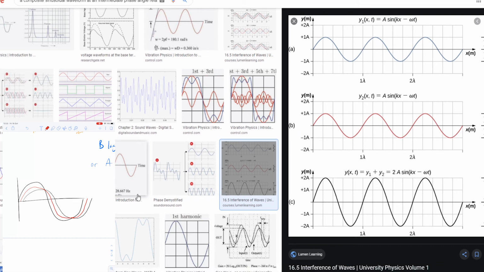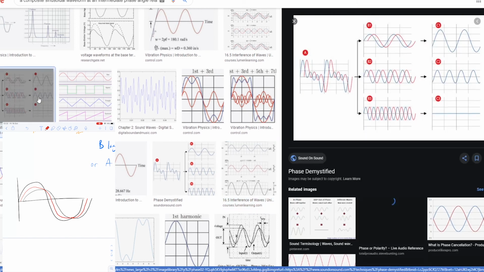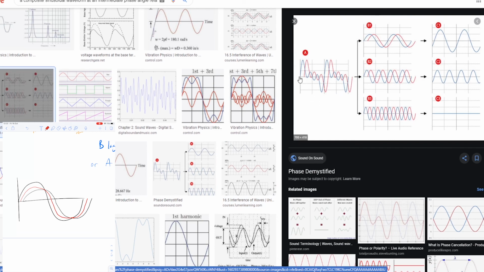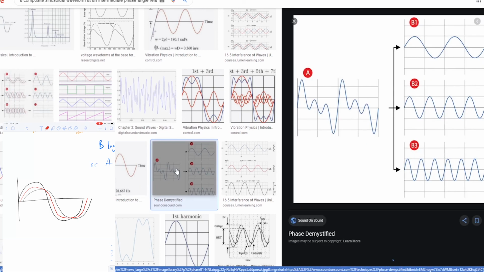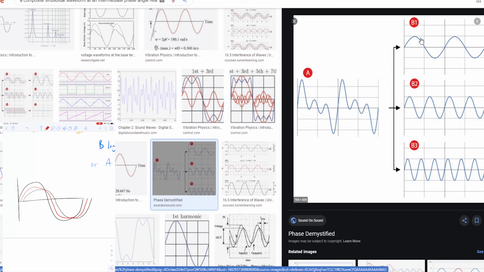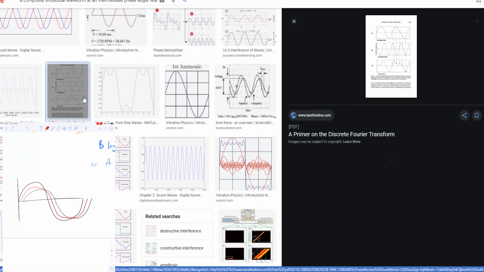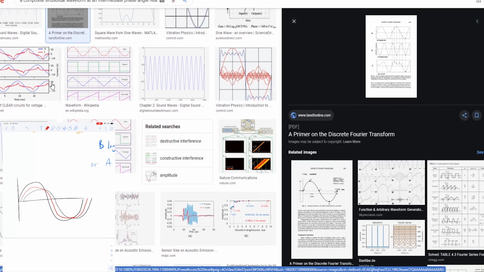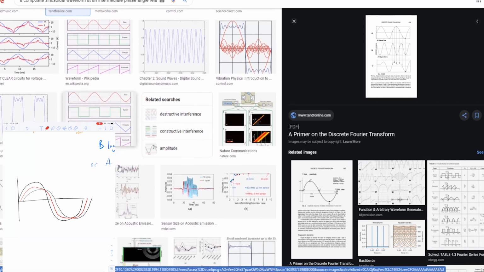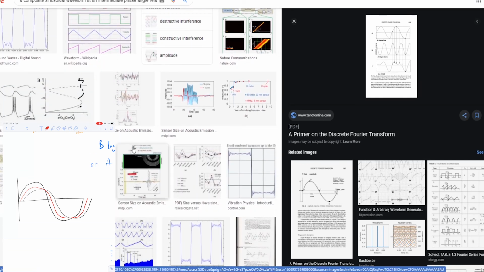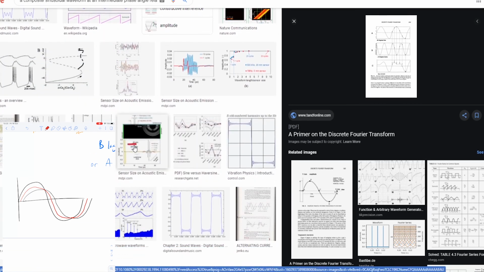What's going on here? All right. Just show me two sine waves added together. I don't know what the problem is here.